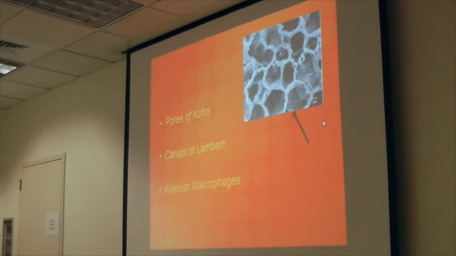All right, alveolar macrophages are cells that hang out in the alveoli. They devour bacteria and other material invading the alveoli.